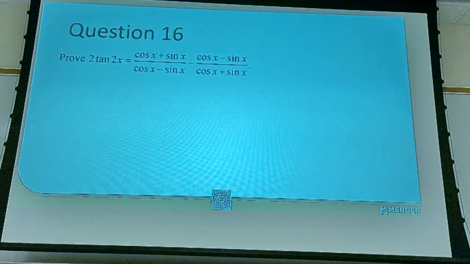Two tangent of 2x equals this. This is what we want to prove. Again, probably easier to start with the right-hand side.